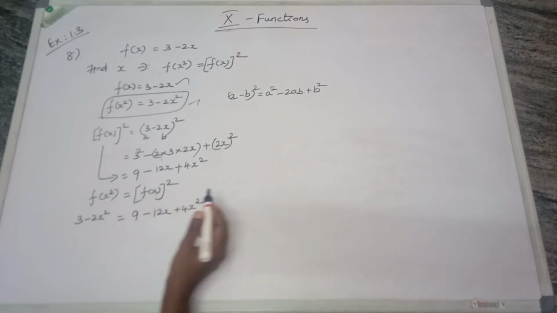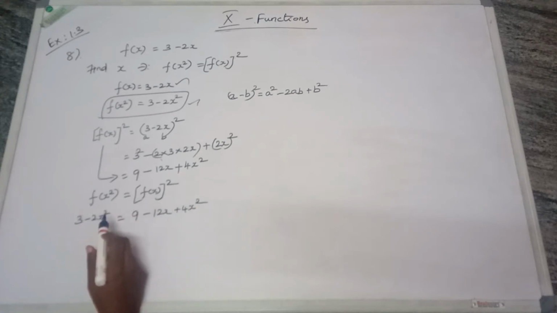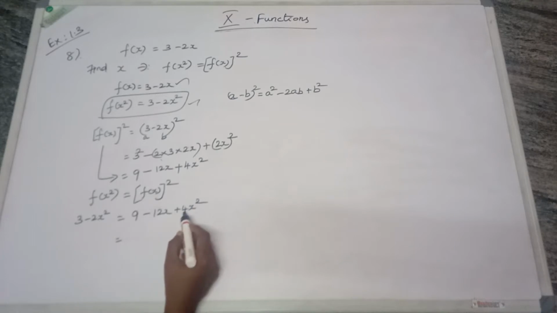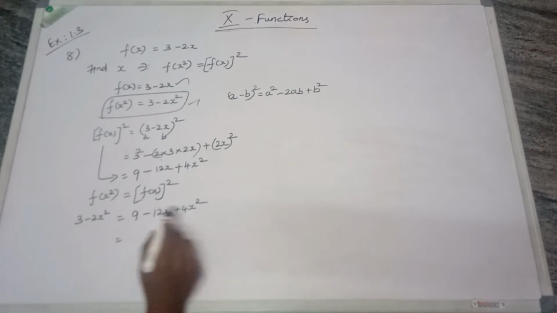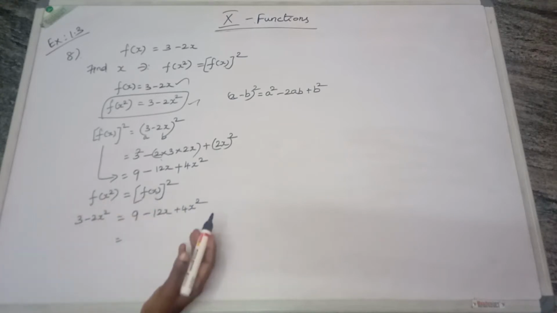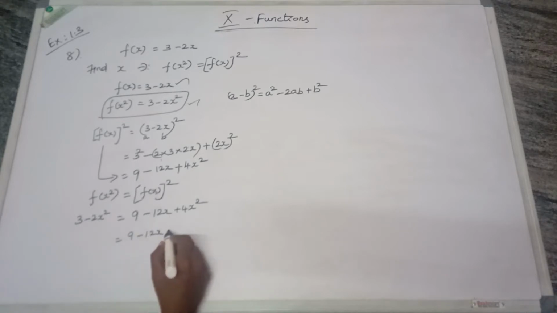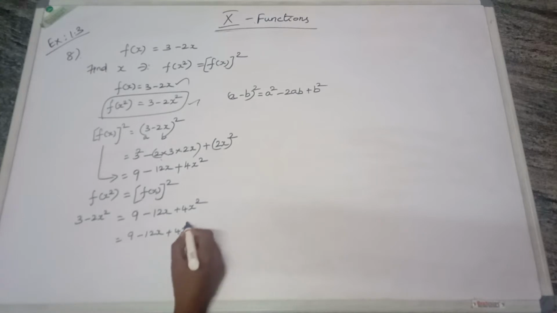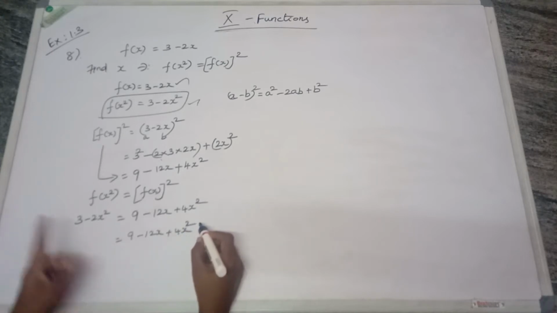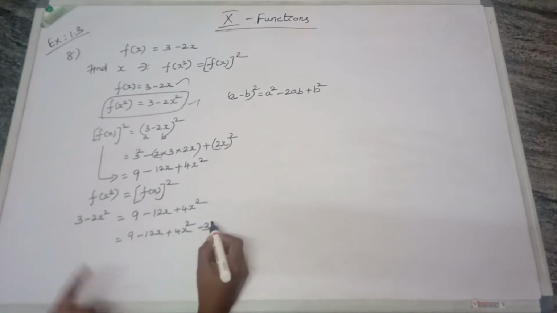Now we have to transpose these two terms to the left side, because everything is on the right side and the coefficient is 4, in plus. So 9 minus 12x and plus 4x square. Then this plus 3 goes to the other side and becomes minus 3. Minus 2x square, if you transpose, becomes plus 2x square.